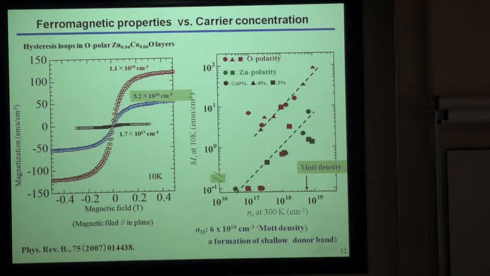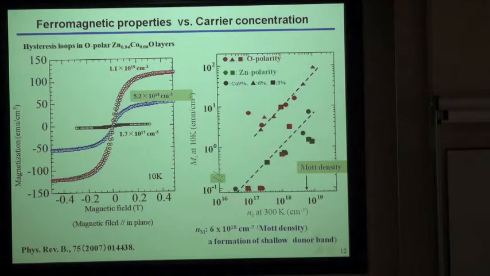So here, again, I show you the carrier concentration dependence of the magnetization. This line shows the cobalt-substituted zinc oxide, the zinc cobalt alloy layers formed on the zinc polarity substrate, and this line shows the magnetization of the films formed on the oxygen polarity substrate.